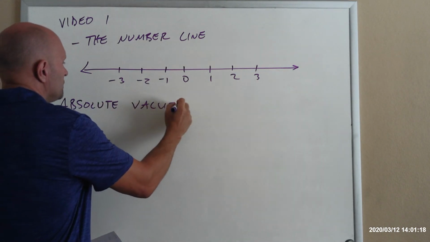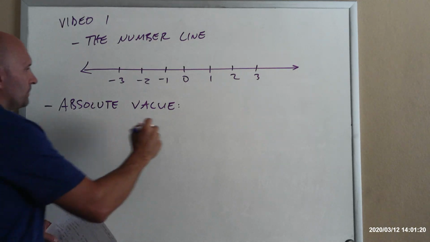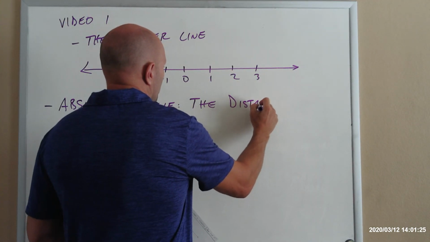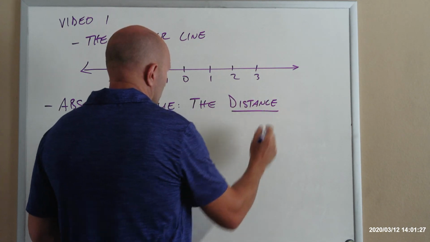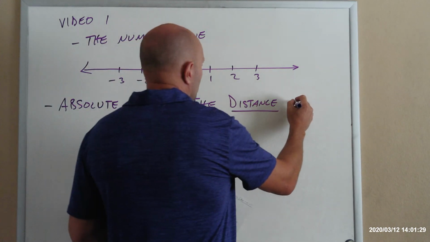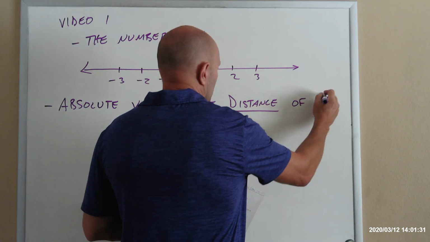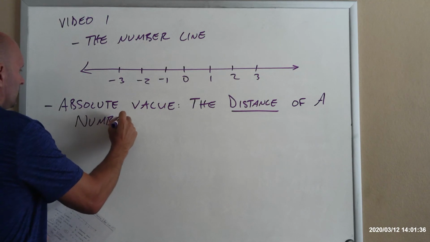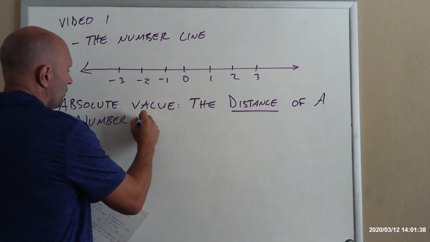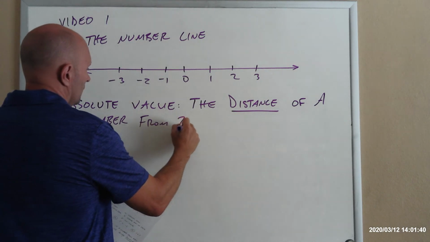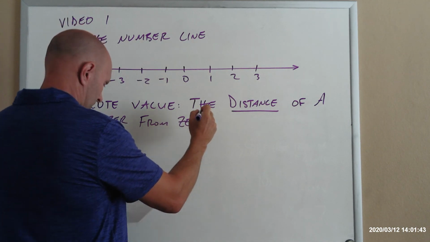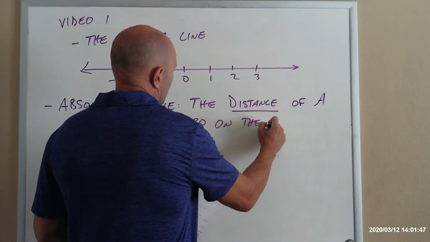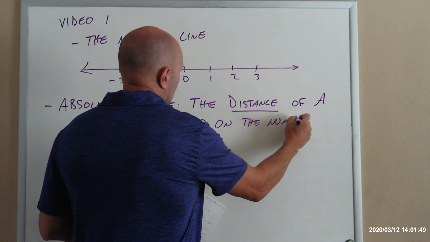The definition of absolute value is the distance of a number from 0 on the number line.